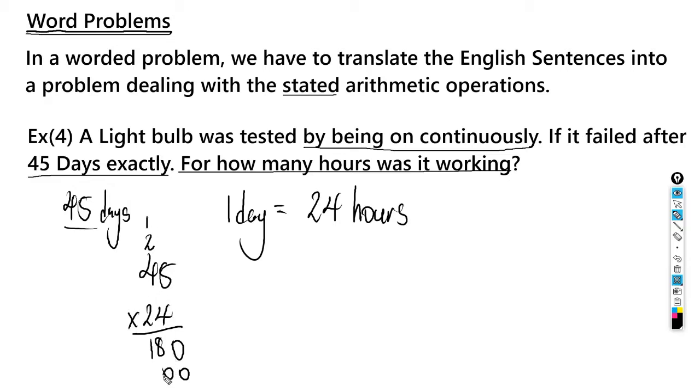And 2 times 4 would give me 8 plus 1 would give me 9. So that's 180 plus 900. So I would end up with 1080. So it should be 1080 hours it was working.